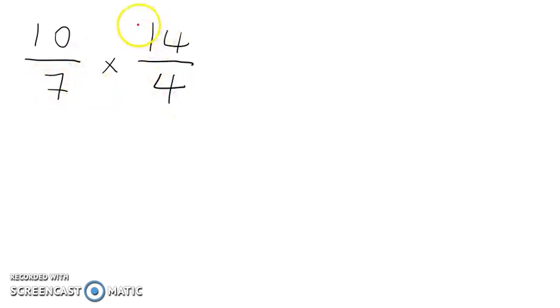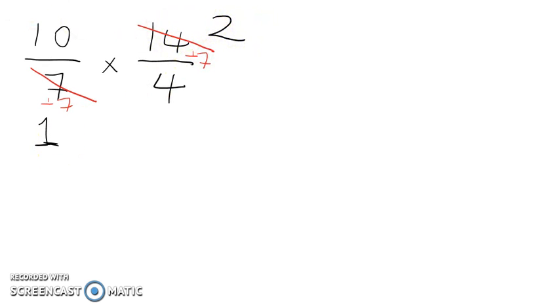First of all, 14 and 7 can both be divided by 7. So you would get a 2 in here, and 7 divided by 7 equals 1 in here, and a 2 on the top.